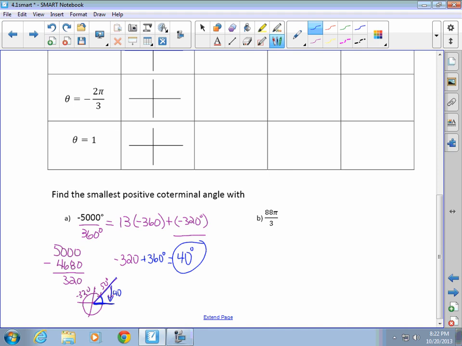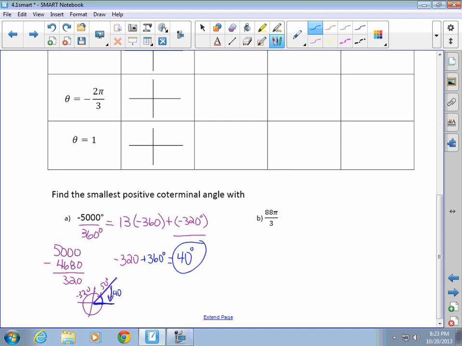Okay, so for my next one, 88 pi over 3. I know 2 pi will get me 1 full rotation.